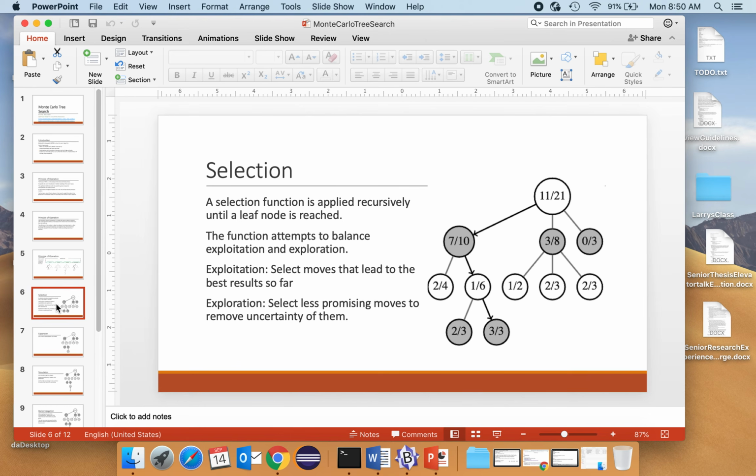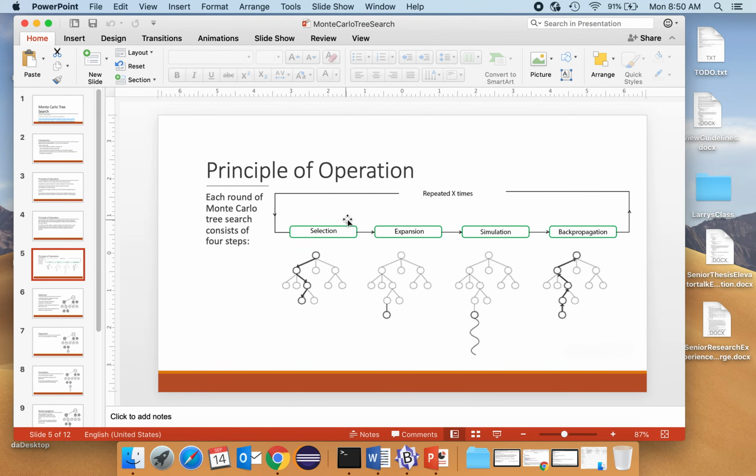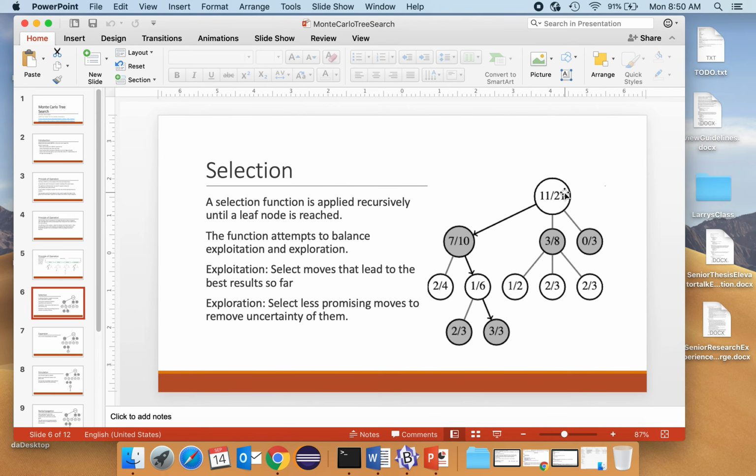So let's have a look. Here is a sample tree. Again, we're talking about selection now. And what we have over here is a count. As part of running this algorithm, this simulation, I played 21 games and I won 11. Now this is for adversarial games, so there are these grayed out nodes.